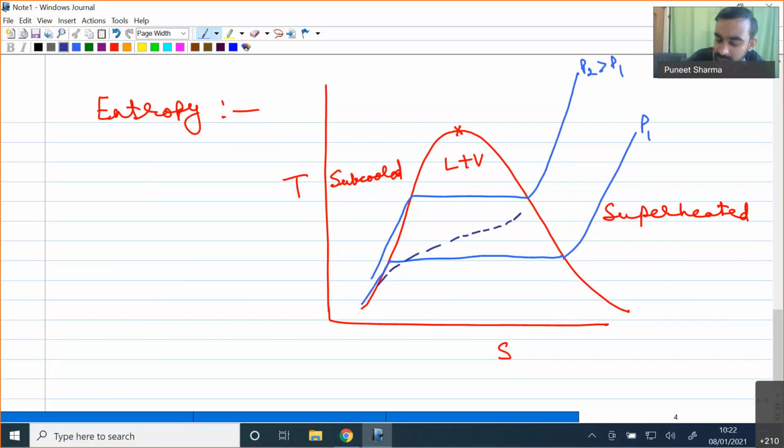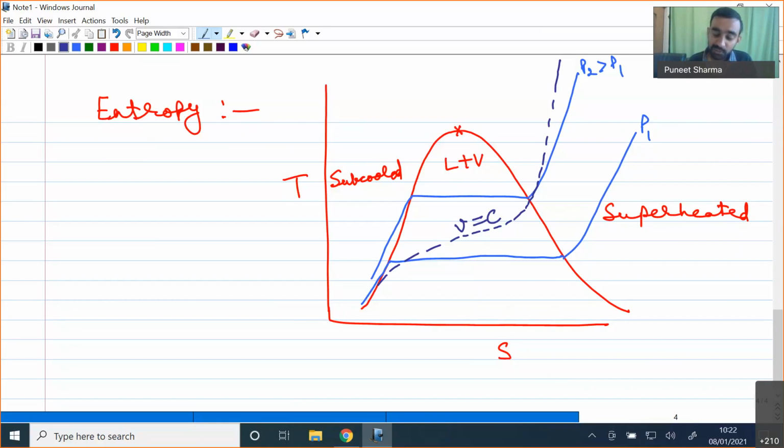So like the PT, PV and TV diagrams, we can also plot one of the very important diagrams, which we call the temperature entropy diagram, and this is how constant pressure and constant specific volume lines look on it.